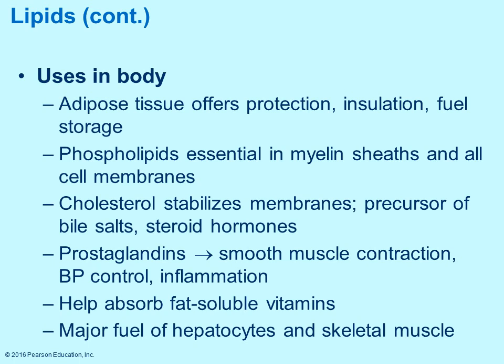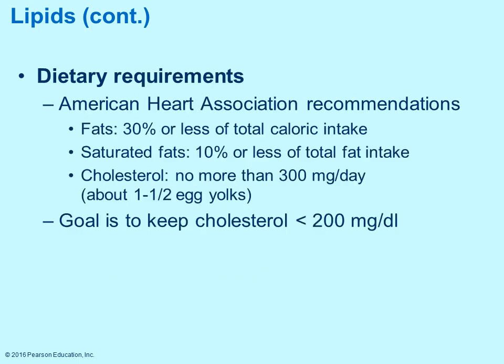Cholesterol is necessary, and that helps to stabilize membranes. It's also used as a template for the production of bile salts and your steroid hormones. Lipids will help with absorption of your fat-soluble vitamins. So there's multiple uses and functions of lipids within the body.